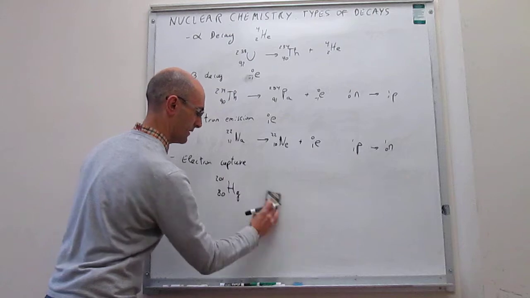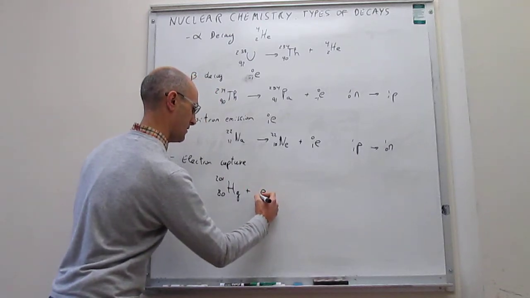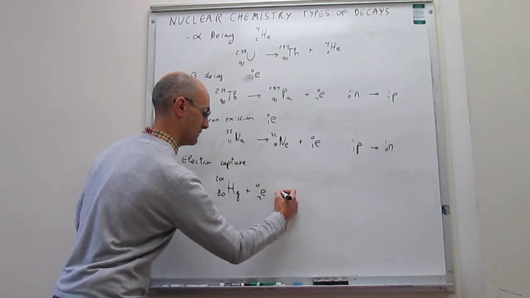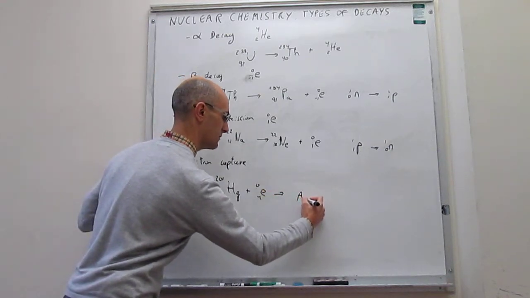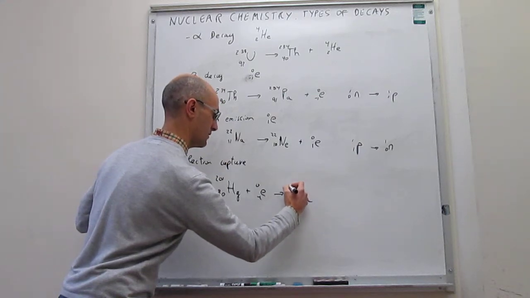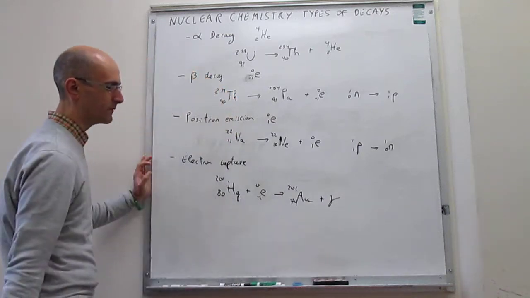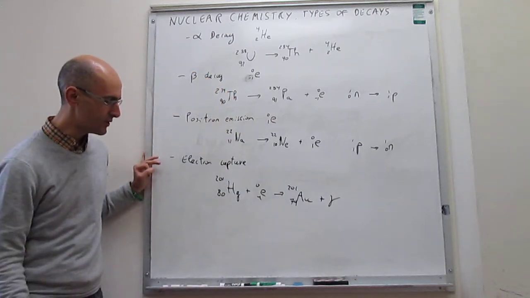You capture an electron, and then you generate gold, which is going to have 79 and then 201. And this usually is accompanied by the emission of high energy radiation.